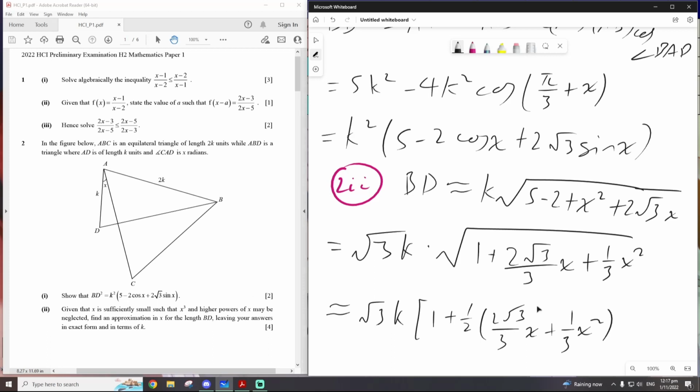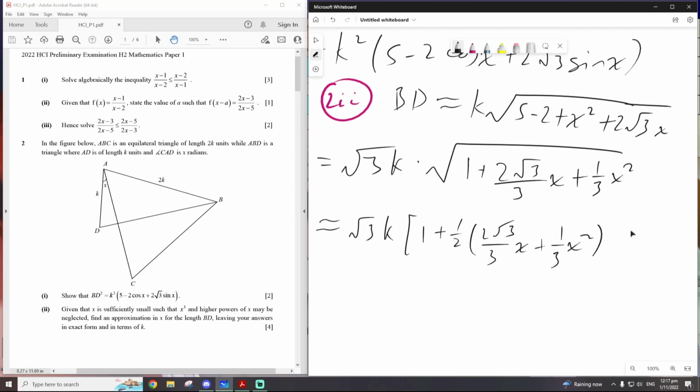And then you consider the n minus 1 divided by 2, which is negative 1 over 8. Now, I don't need to consider the term in x squared anymore. I just need to consider the term in x, so that I get 2 root 3 over 3x squared. Okay? And I can just consider this. Maybe I'll write this outside here. Okay.